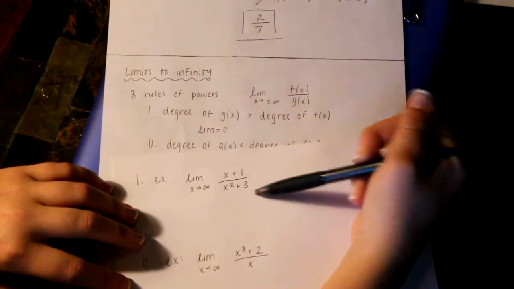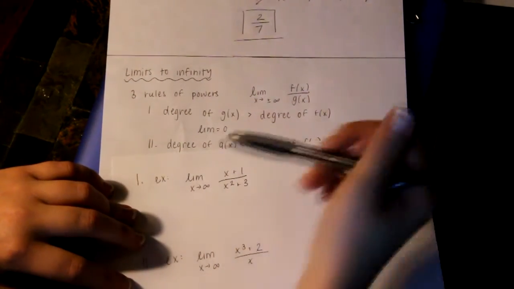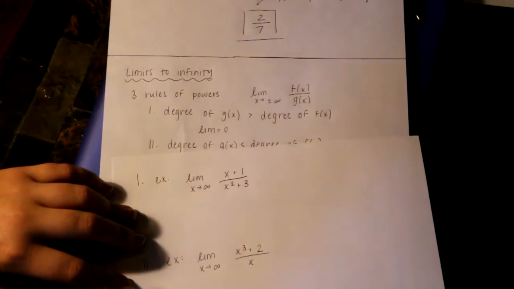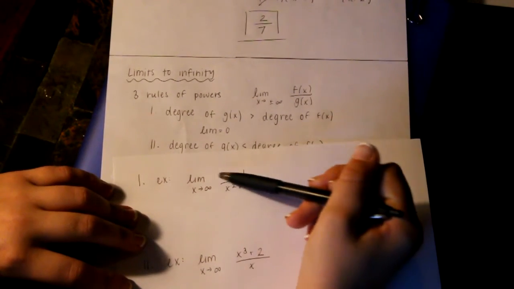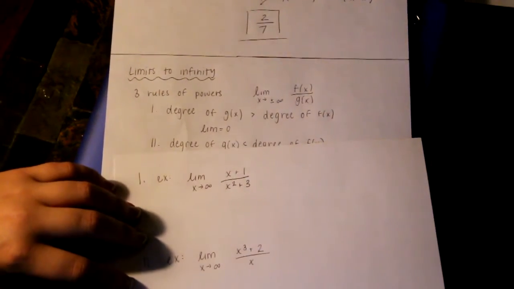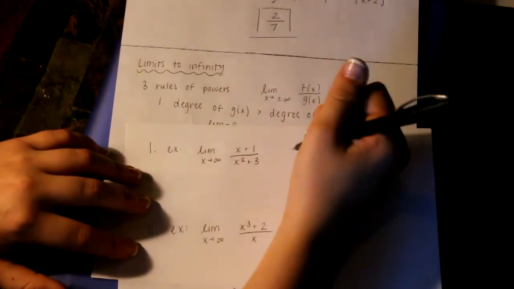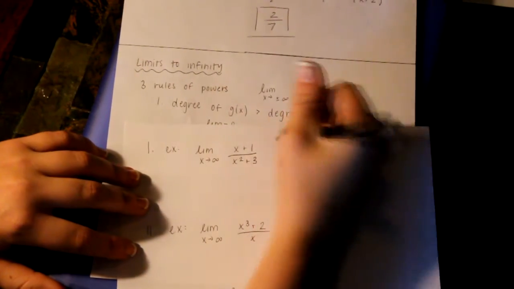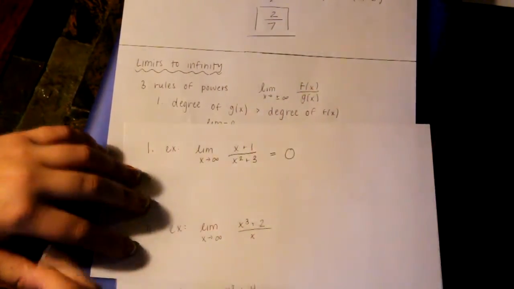So these two numbers right here don't even matter, and so it would start to equal 0, because if you put in 1,000 over 1,000 squared, obviously the bottom would be a much larger number. So this would equal 0, because as each number gets bigger, the bottom grows faster than the top does.